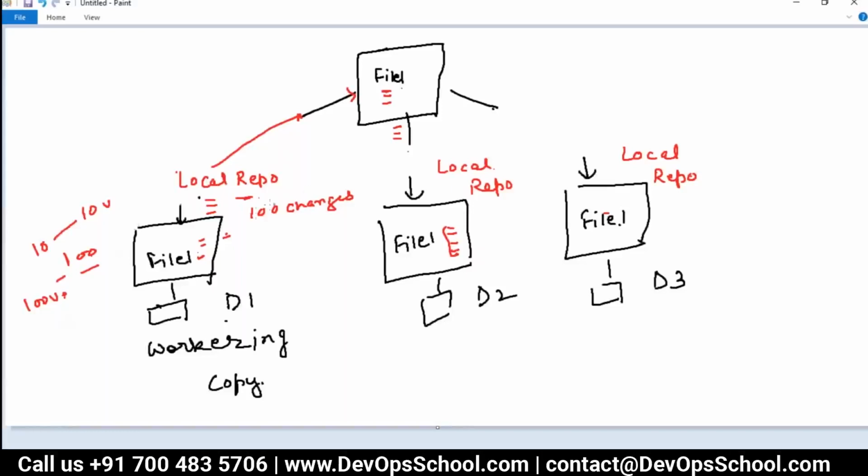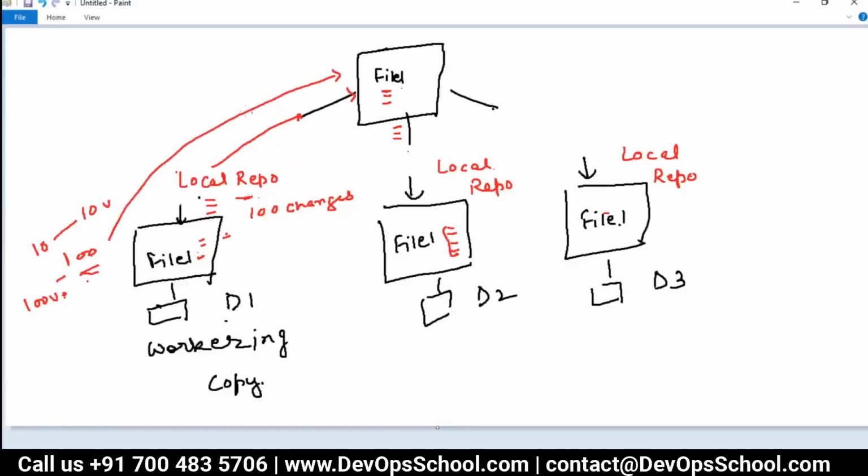At the end of the day, or at any point where he feels he is done with his changes, he pushes them to the central repository. So whatever versions you have created, say 100 versions, will get recorded on your central repository.